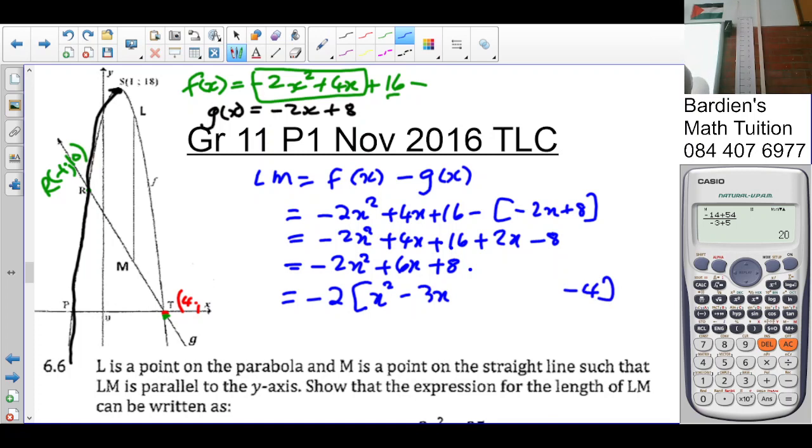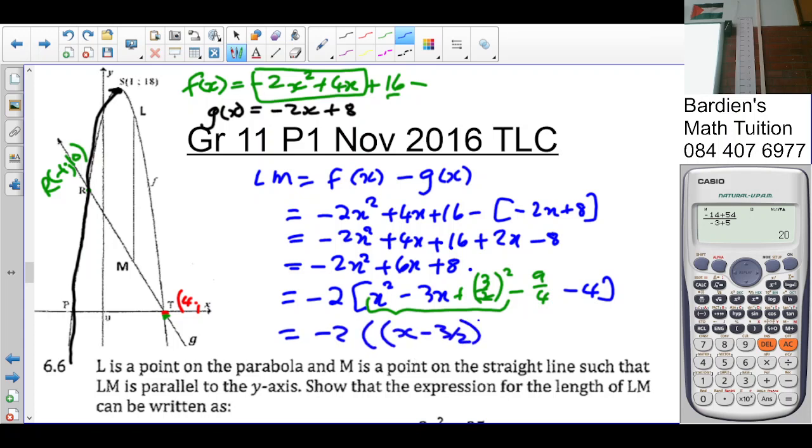Is that okay? What must be added here to complete the square? It is half of b squared, which is 3 over 2 squared, minus 9 over 4. Whatever we add, we must take away again. That is your perfect square trinomial. So it's negative 2 into x minus 3 over 2 squared minus 25 over 4.